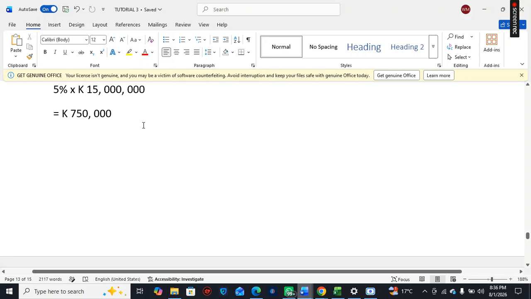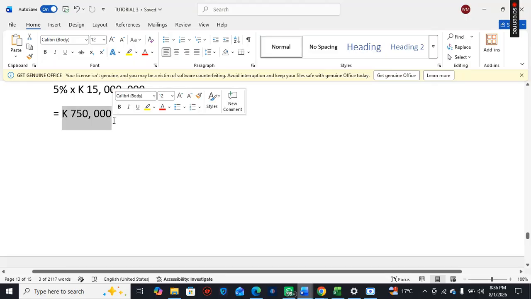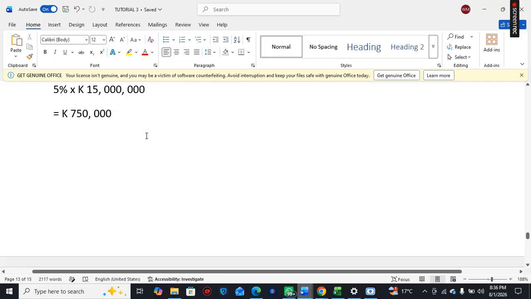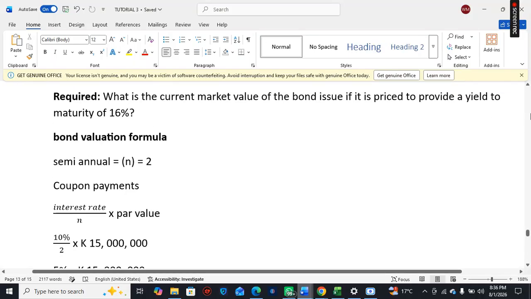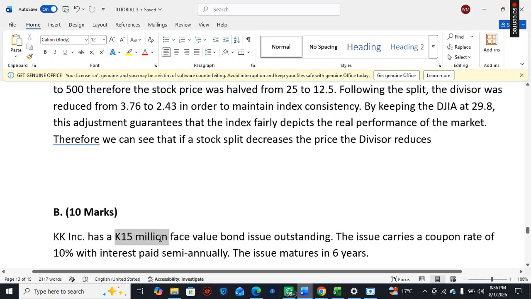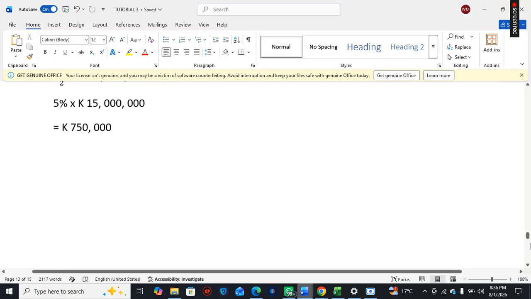Your interest will be paid twice, 750, 750. For 6 years, you'll be getting two interest payments each year. And when the bond matures, you get 15 million. This is how much will be paid when the bond matures. Any questions?